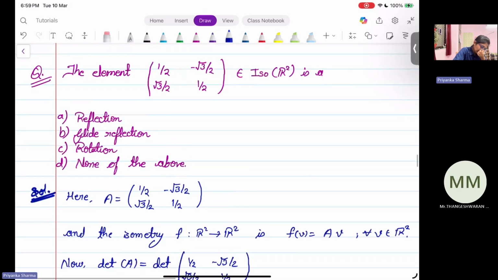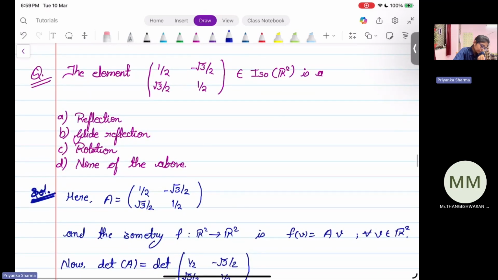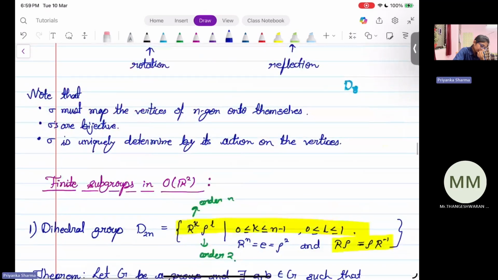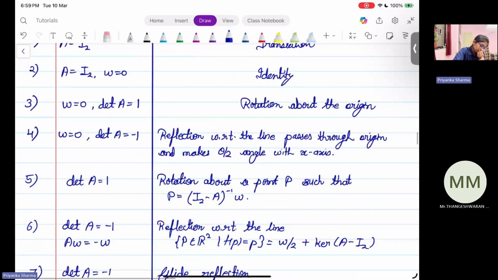Further, we can see that we have the element w, that is w is 0. So this is a rotation about the origin.